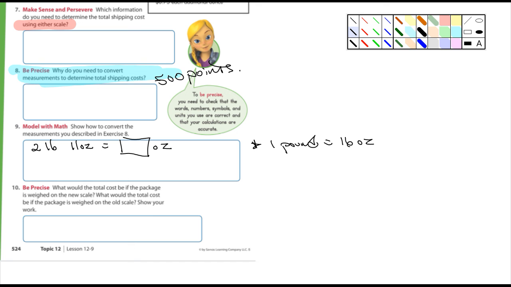Oh, so you've got to do the new scale and the old scale for number 10. So new scale equals how much? And the old scale equals how much? Okay, that's it.